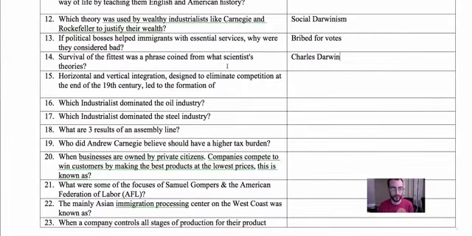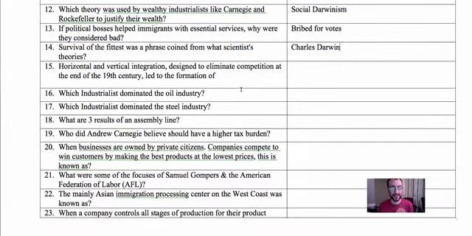Number 15, horizontal and vertical integration designed to eliminate competition at the end of the 19th century led to the formation of what? These are going to create monopolies and trusts. Monopolies and trusts are going to be the result of both of these integrations, horizontal and vertical.